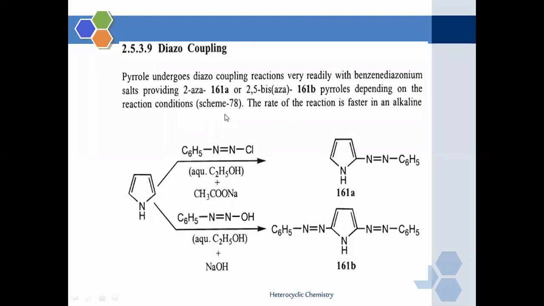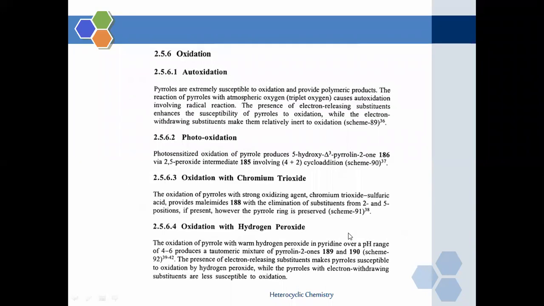If it is allowed at only one position, then 2-aza pyrrole is formed, and if it is allowed at both alpha positions, that is second and fifth, then the 2,5 bis-aza pyrrole molecule is formed.